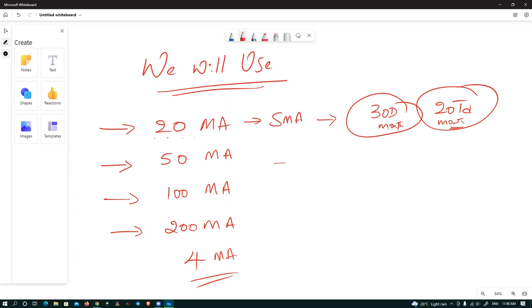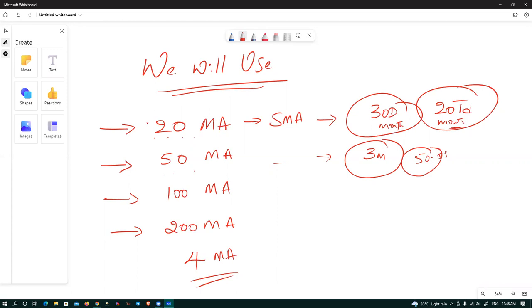And why 50 moving average? So here we are going to take the average of 3 months. After all the general holidays and some other holidays, we are going to get approximately 50 to 55. So we are using 50.